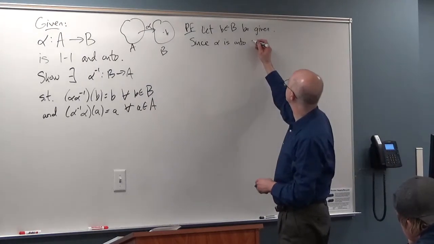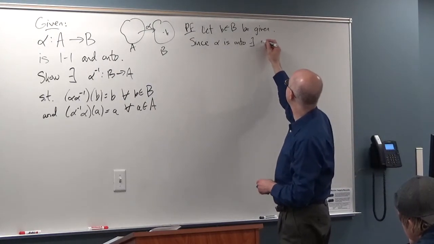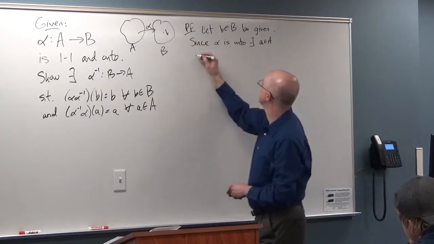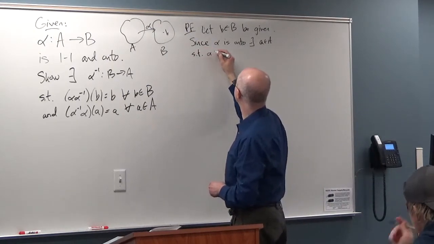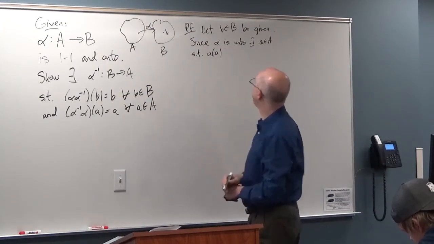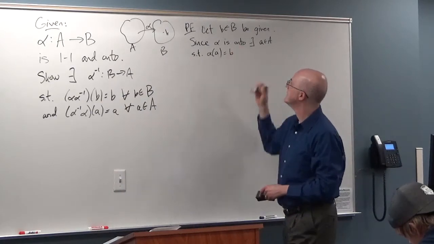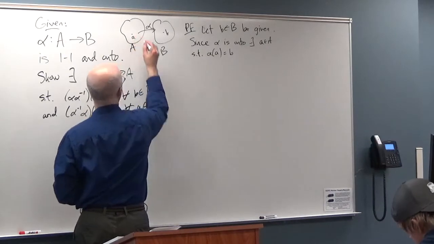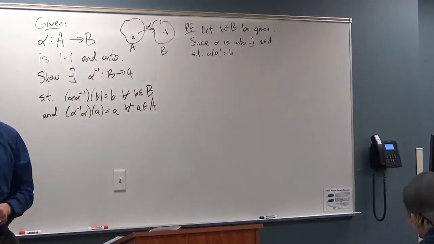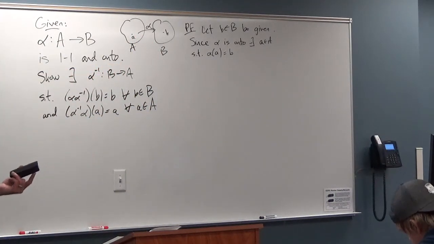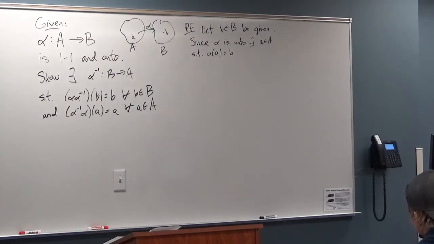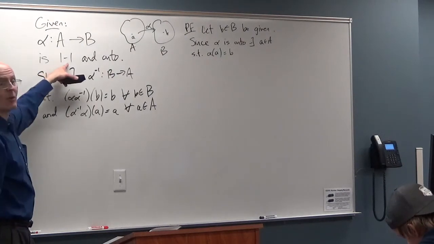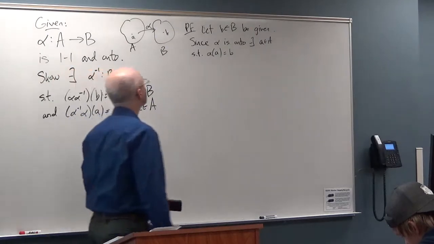Since alpha is onto, you know there exists a little a in capital A so that the image of a under alpha equals b. Given any b in capital B, there's something over here that gets mapped to it. But there could be more than one thing that gets mapped to it. Well, no. Since alpha is 1-to-1, there can only be one thing.